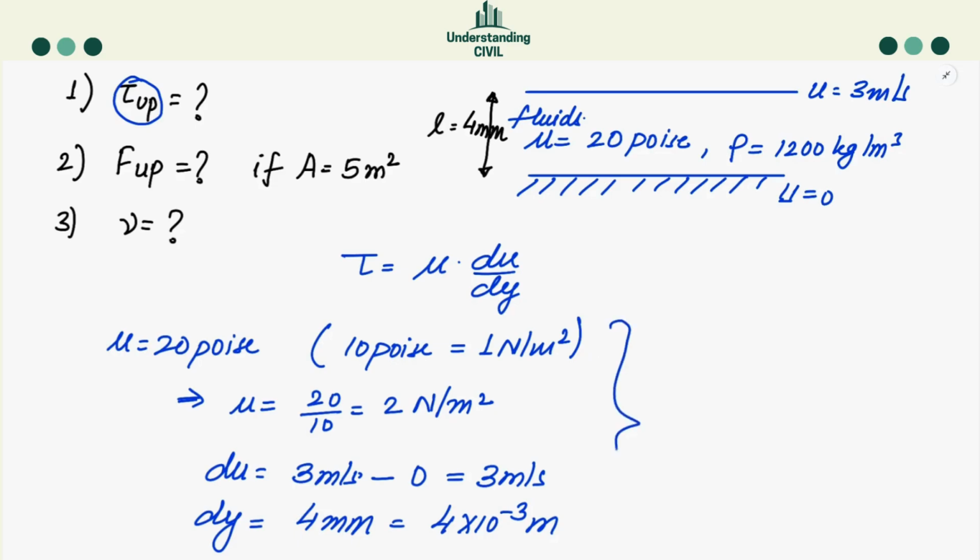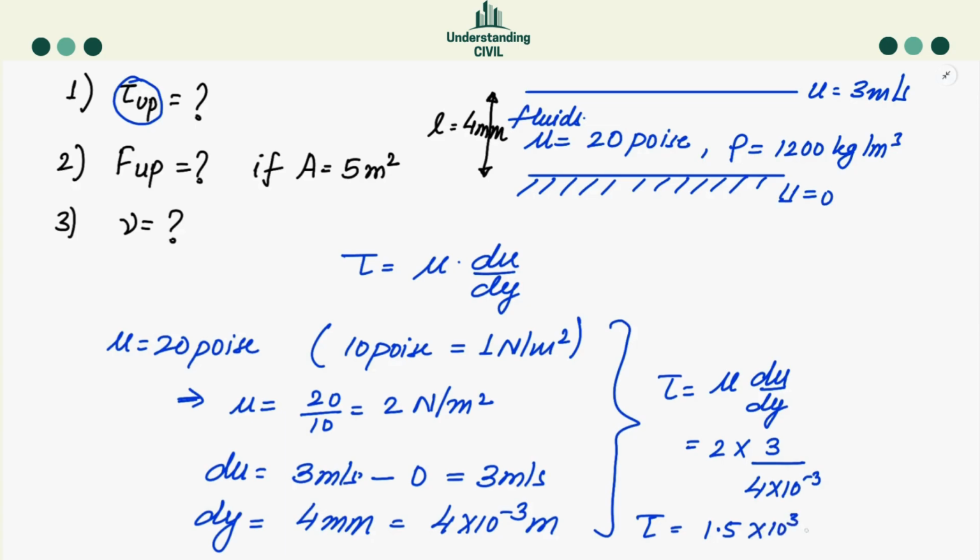From all these values, tau is equal to mu du upon dy. Mu has a value of 2, du has a value of 3 and dy has a value of 4 into 10 raised to the power minus 3. So tau will come out to be 1.5 into 10 raised to the power 3 Newton per meter square. So this is the shear stress on the upper plate.